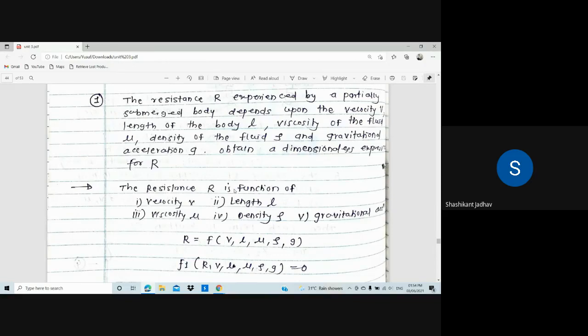Obtain a dimensionless expression for R.